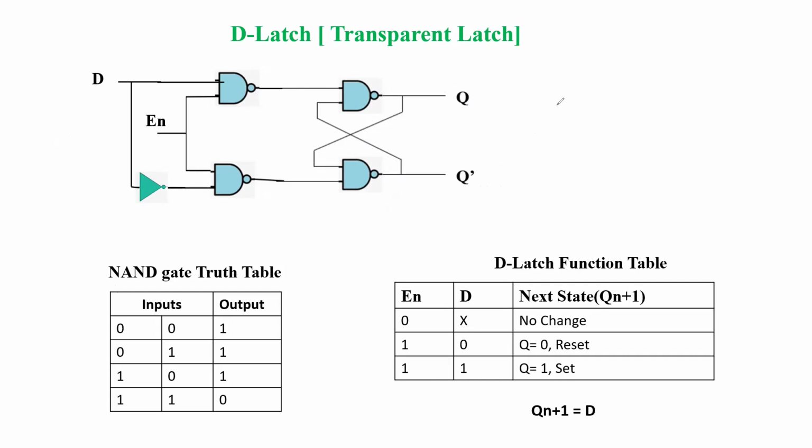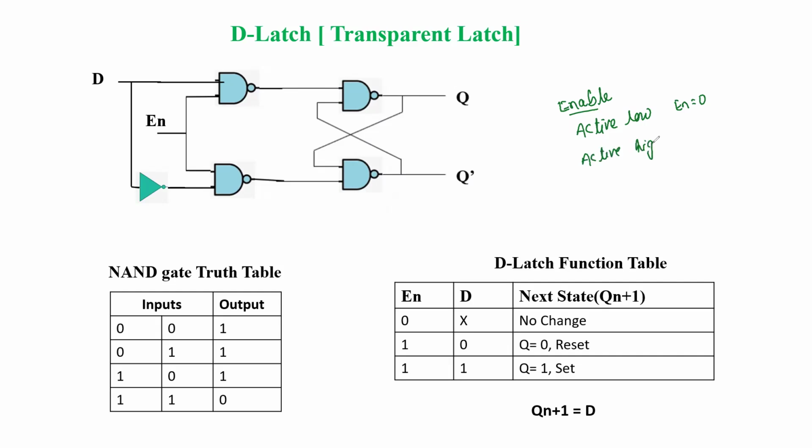So here we have enable. So that enable, again we have two concepts for this. One is called as active low enable. So active low enable means we are going to get the desired output when EN is equal to 0. Another we have active high enable.